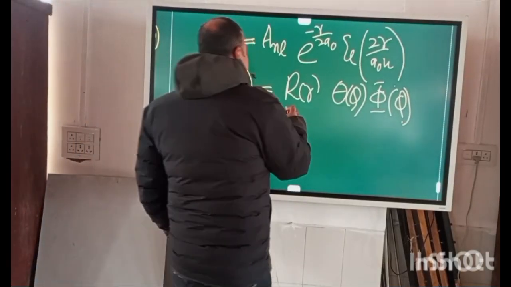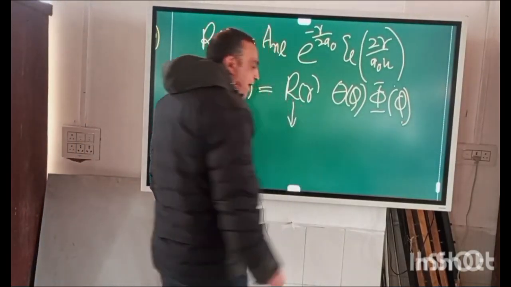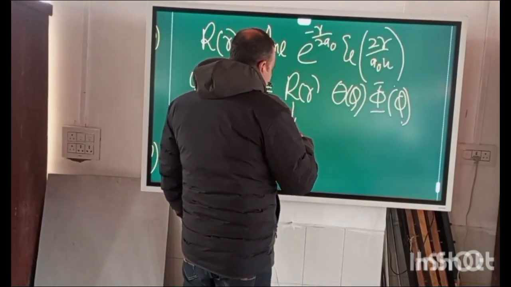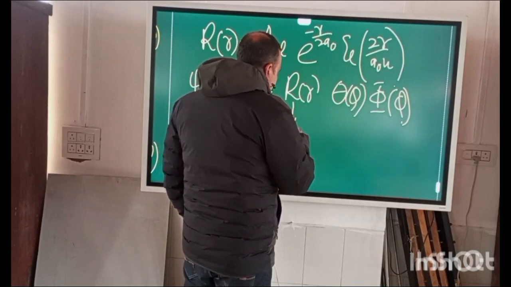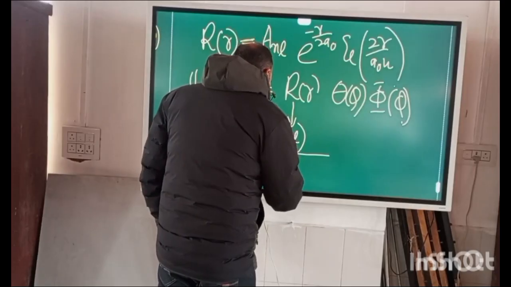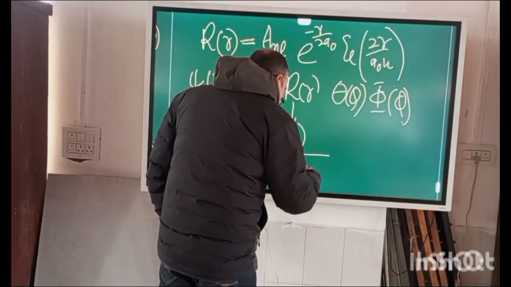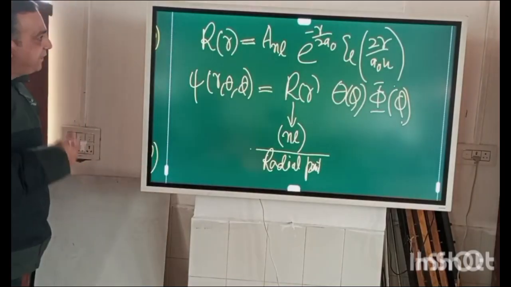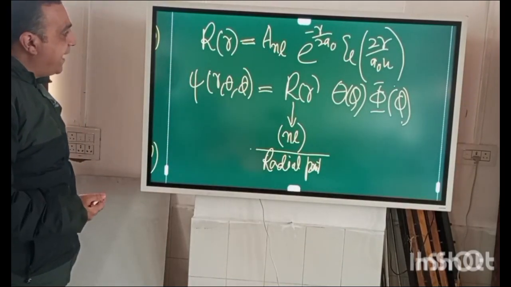Now, this is over R of r, and we could see that this R of r has a dependence on n and l. Okay, so this is your radial part of the wave function. This is the radial part of the eigenfunction that we have.